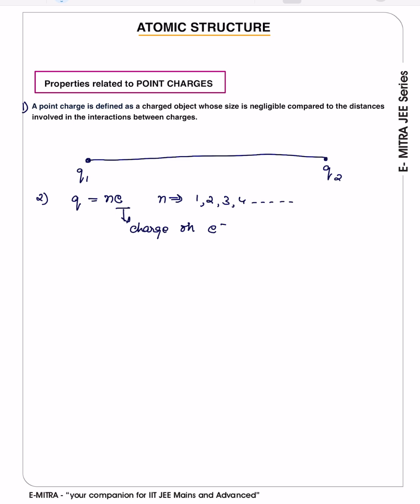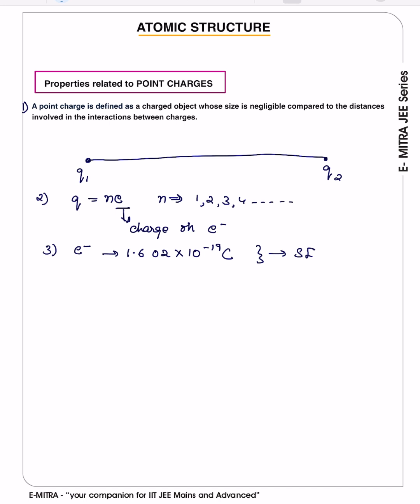Correct? Now, what is the charge on an electron? This is also an important thing. You should know that the charge on an electron is 1.602 into 10 to the power minus 19 coulomb. This much charge exists on an electron. And coulomb is the SI unit of charge.